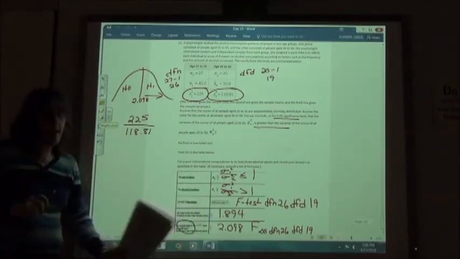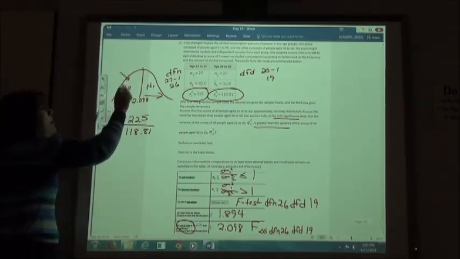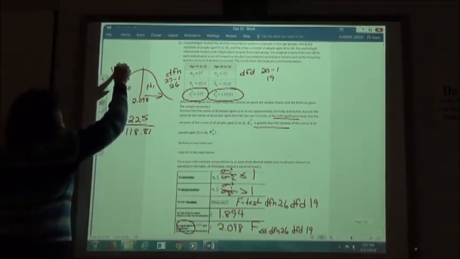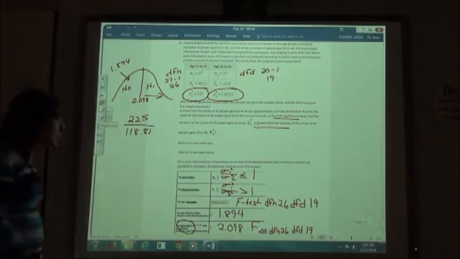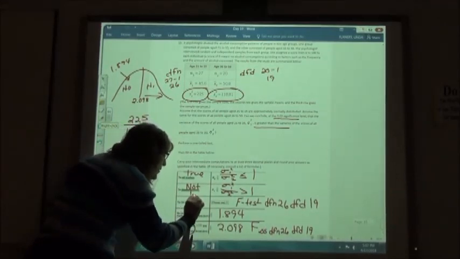My 1.894, is that less or greater than the 2.098? It's less than. It's going to be over here on this side then, right? 1.894 is smaller than 2.098. That means that the null, the less than part, is true. This is my true. This one then would be not true.